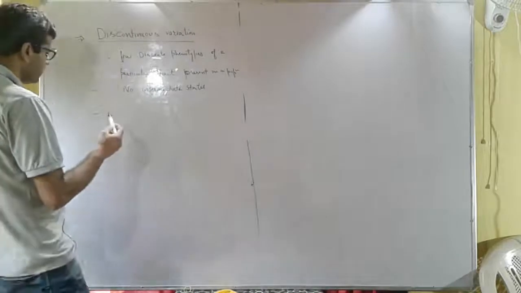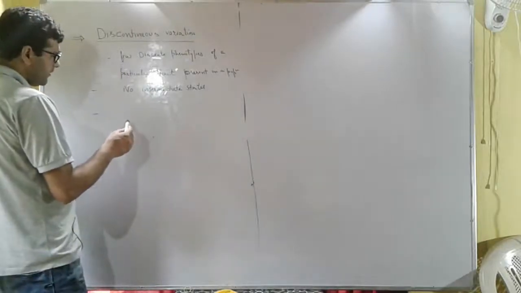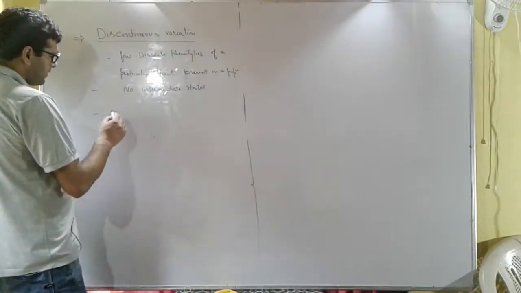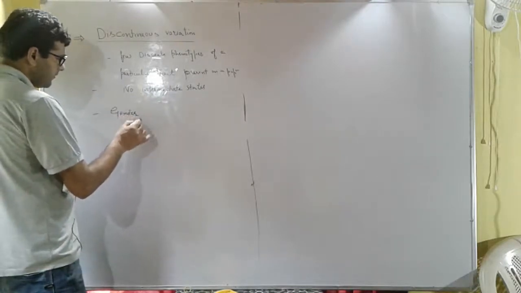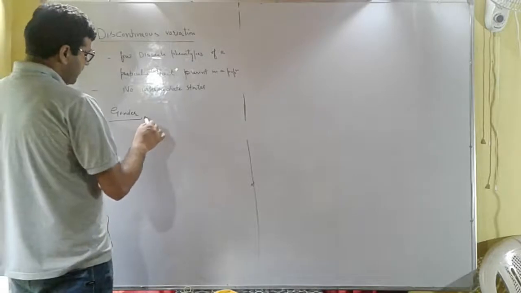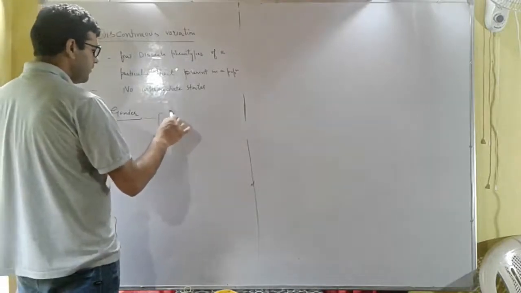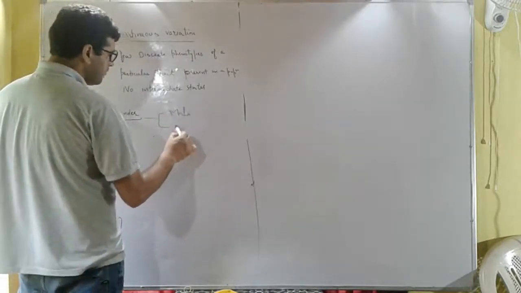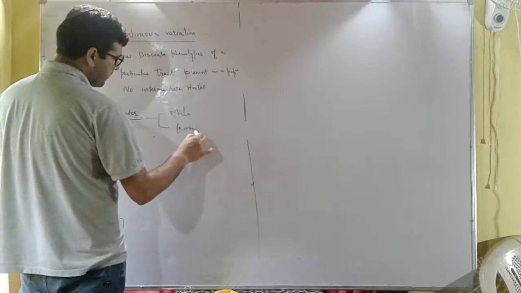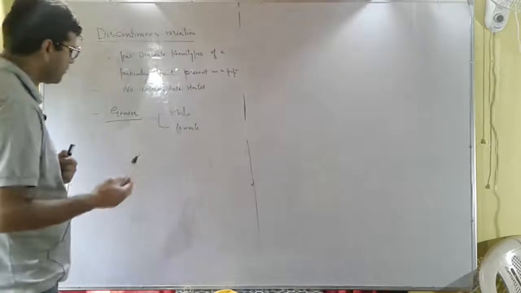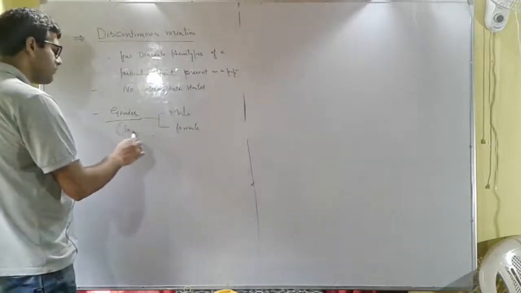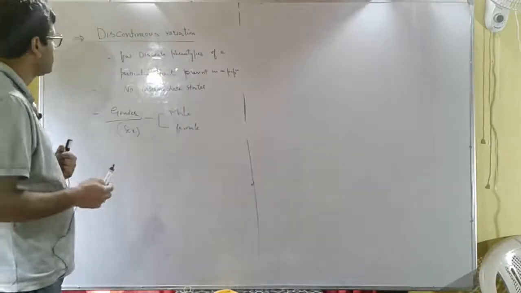For example, we can take the example of gender. An individual can either be male or female. So gender, what we call sex, is an example of discontinuous variation.